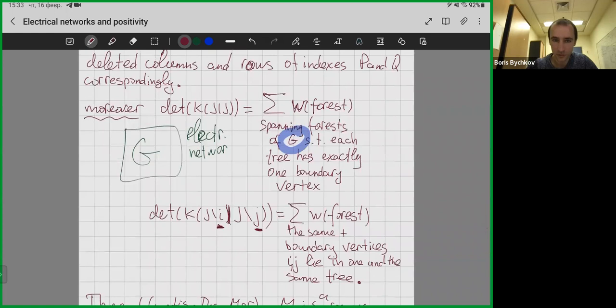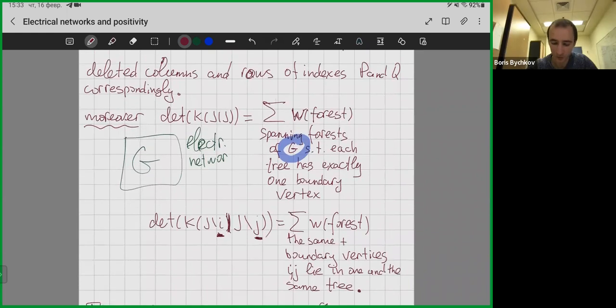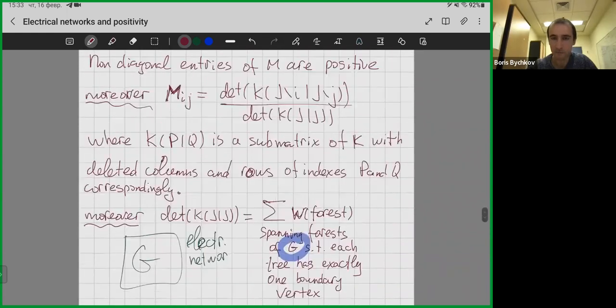Отношение это не многочлен. Да, это рациональная функция от весов ребер. И по смыслу это такое обобщение.